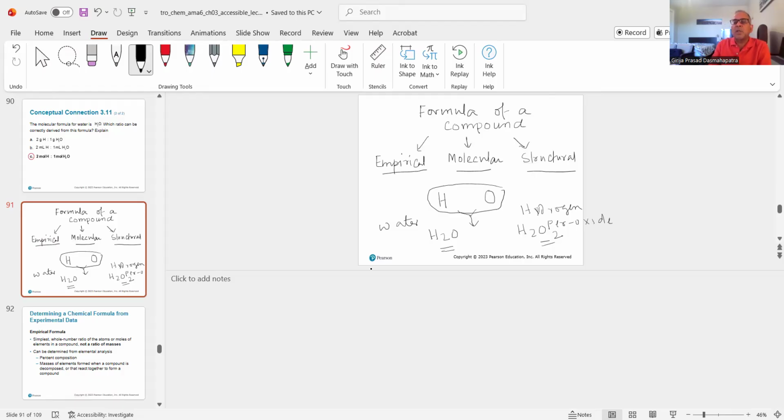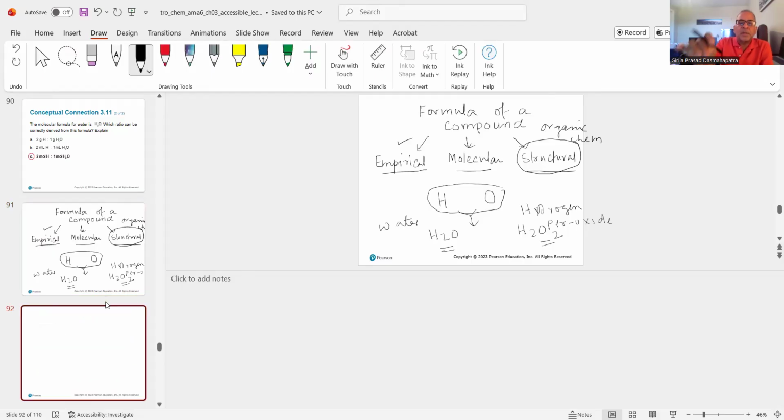The structural one is mostly used in your higher classes when you study organic chemistry, which you will study after you complete two general chemistry classes. So our main focus will be empirical and molecular formulas, and we will talk briefly about organic compounds. Okay, so let's see what empirical and molecular formulas are, and what their differences are.